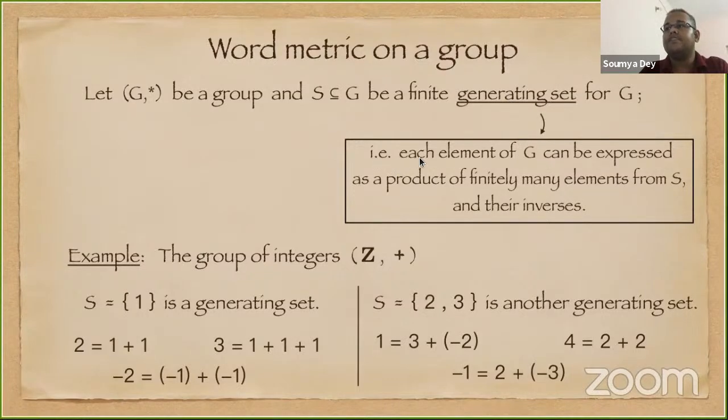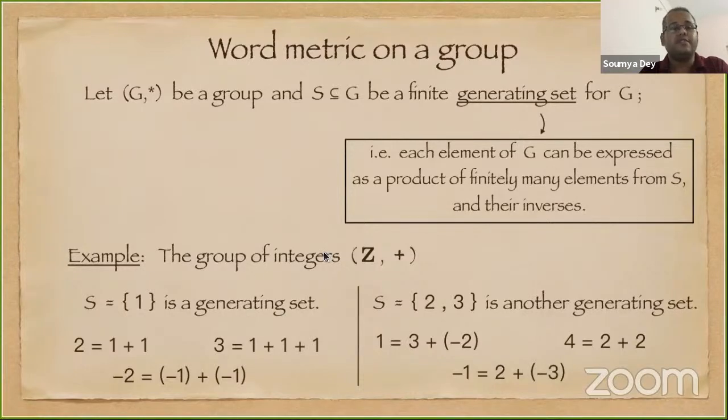Let's take this example here. You start with the group of integers, Z, along with addition. You know this is a group. Now I'm saying that this set consisting of just the one, this integer 1 in Z, a singleton, is a generating set for your group of integers.